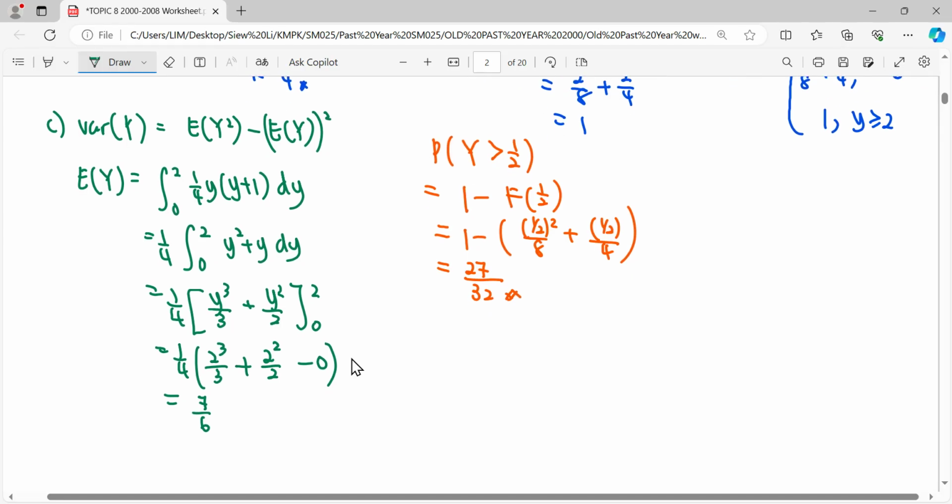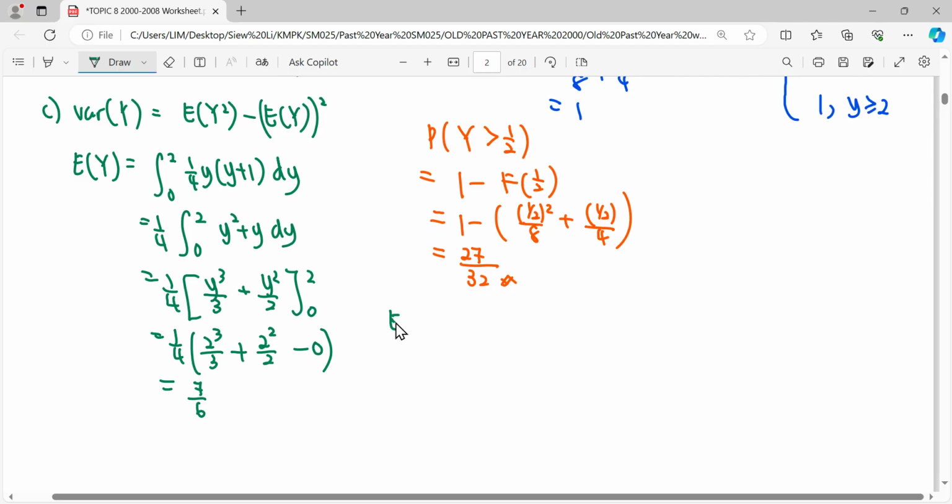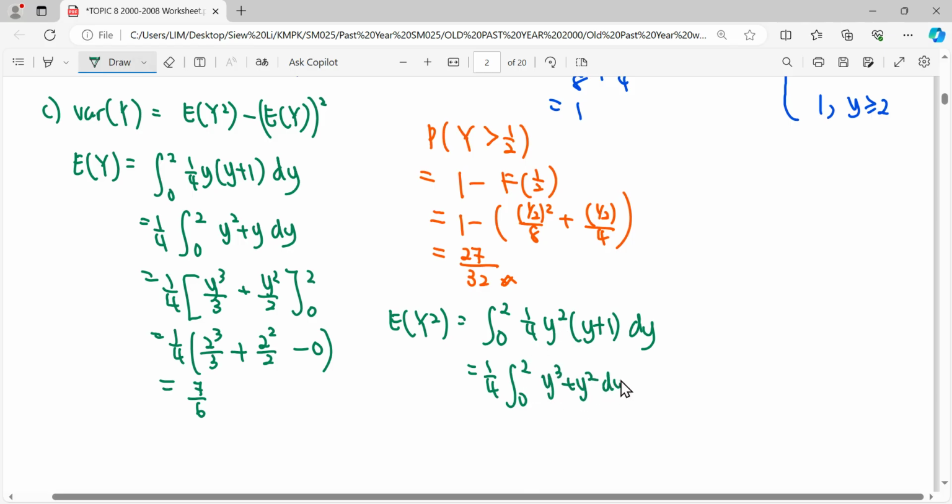Then after that, we find E(y squared), which means integrate 0 until 2, 1 over 4, times y squared multiplied into the function. So 1 over 4 factorize out. Expand this, y cubed plus y squared.